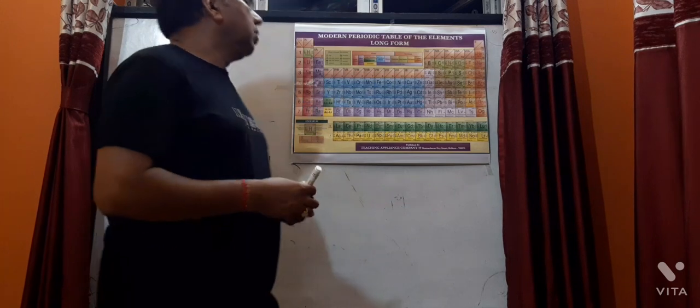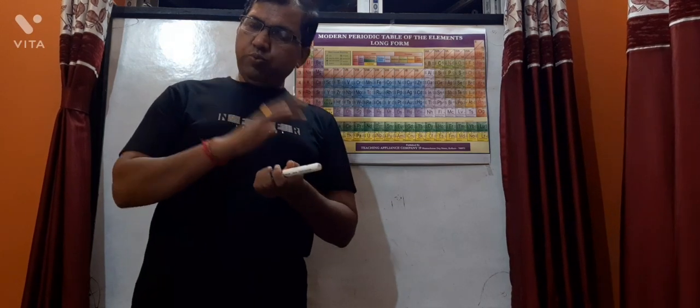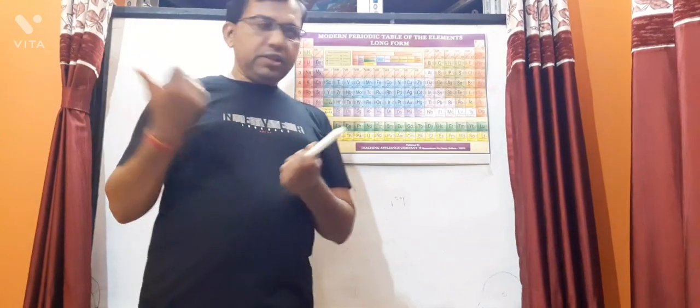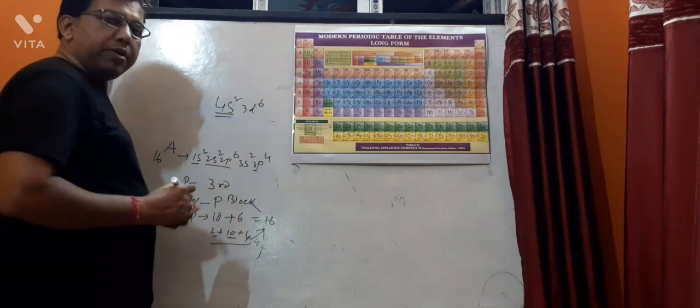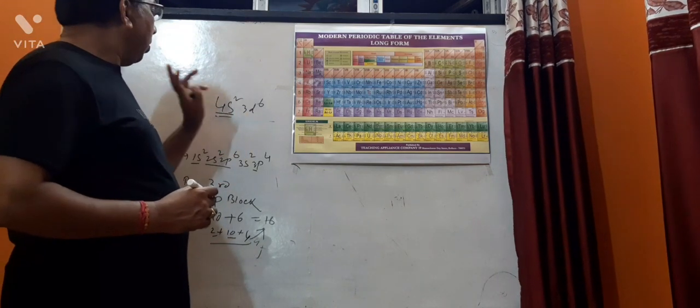Copper is 29, zinc is 30. So what will be the configuration of zinc? 1s2, 2s2, 2p6, 3s2, 3p6, 4s2, and 3d10. The last shell, the highest principal quantum number, is 4, which is the fourth period element. The last electron goes in which orbital?